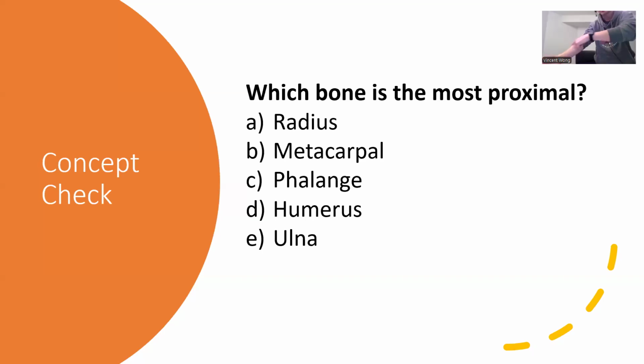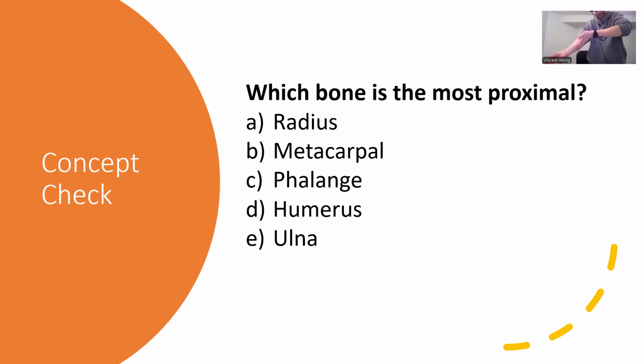The one on the outside is the radius, the one that is lateral. What about the inner one? The inner one is called the ulna. So one more time: humerus, radius, ulna.